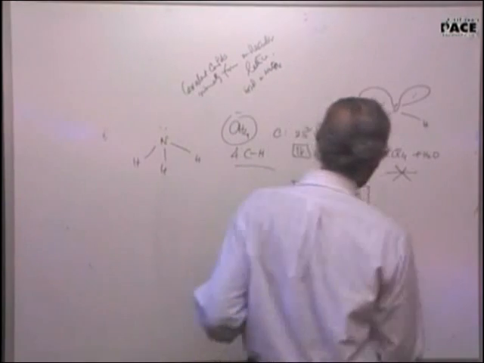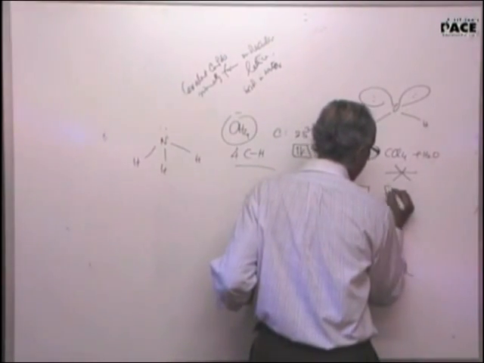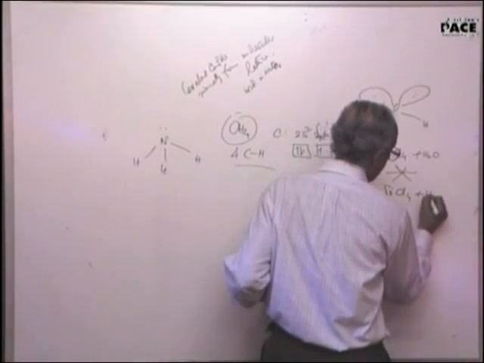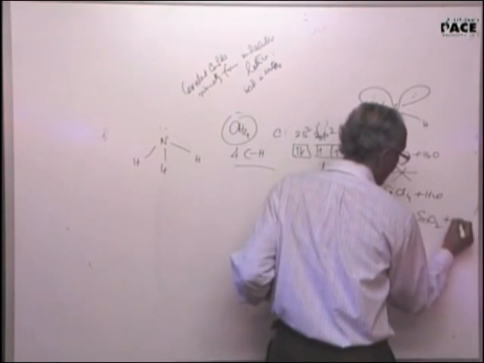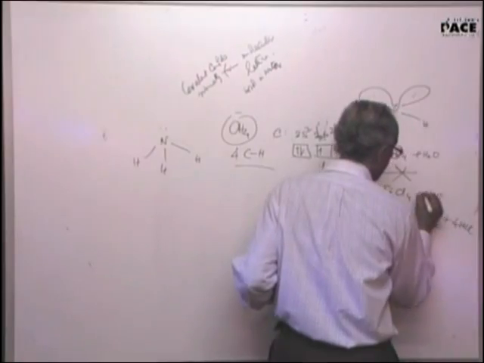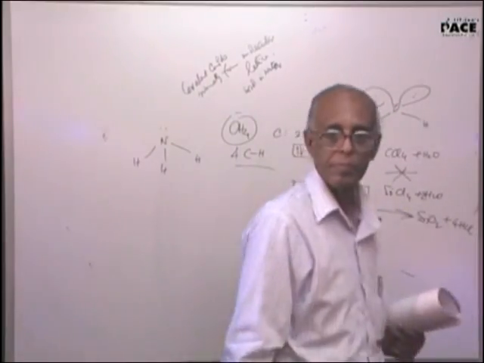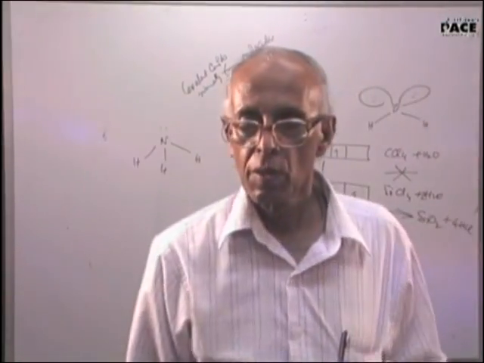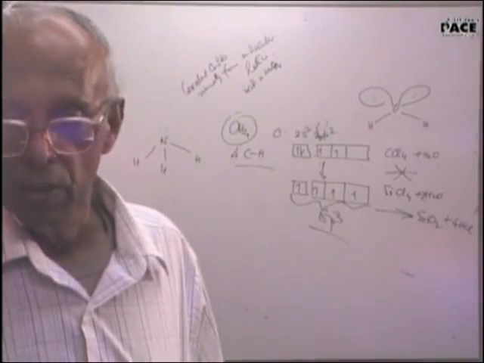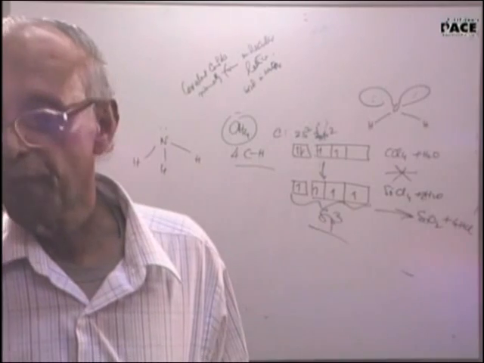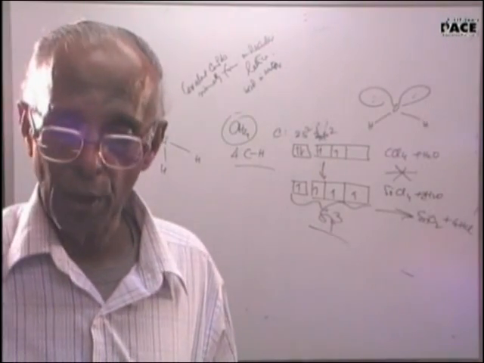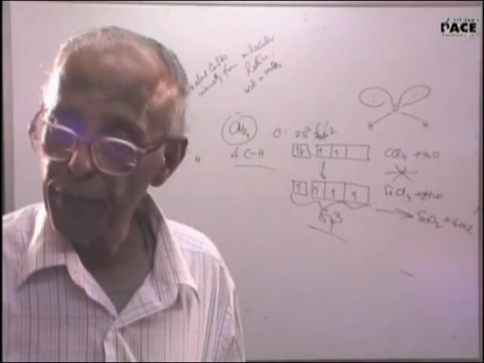But silicon tetrachloride plus water immediately hydrolyzes to give you silica plus HCl. Both are covalent compounds, but their reactions with water differ. One does not react at all, another reacts very, very fast.